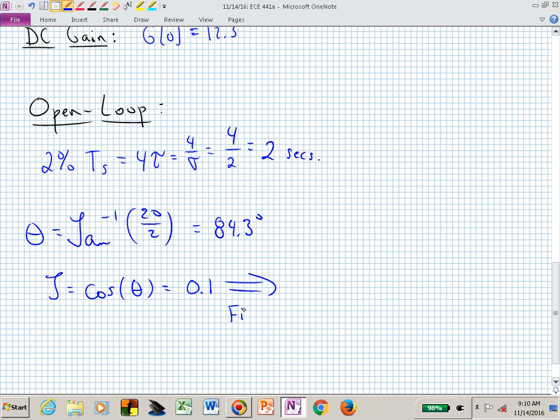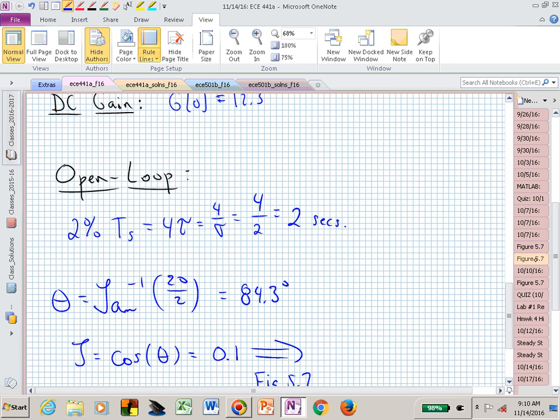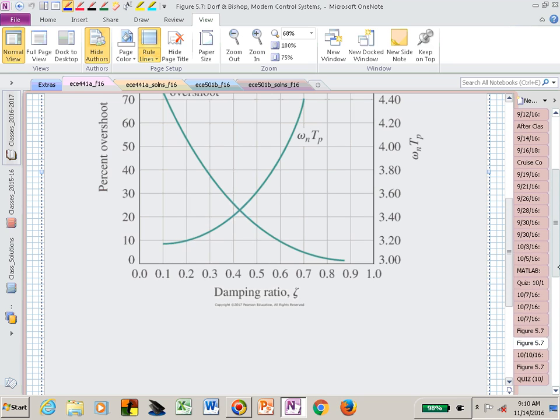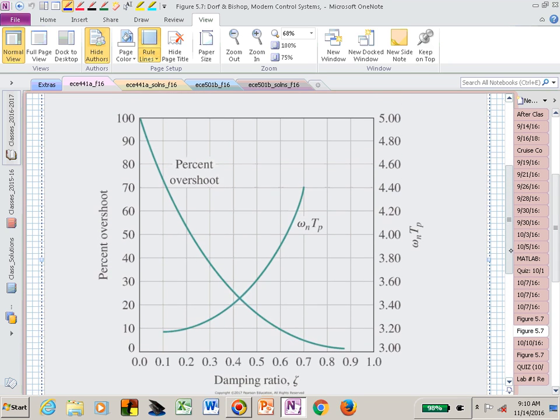And now we can use figure 5.7, which is just happening to be somewhere in your crib sheet. And now that we know that we have a zeta of 0.1, what's the percent overshoot? It's a little bit more than 70, isn't it? 72, 73. We're dealing with that curve, and we read straight up from 0.1, and we now see that we have a 72 or 73% overshoot for that system.